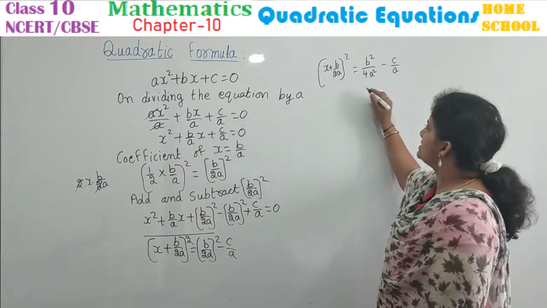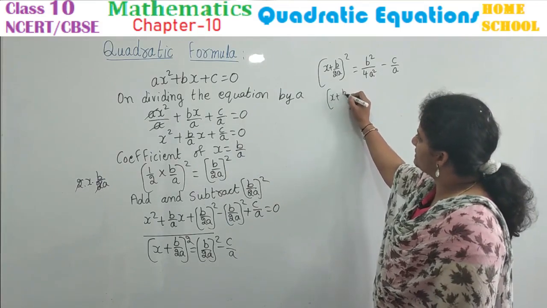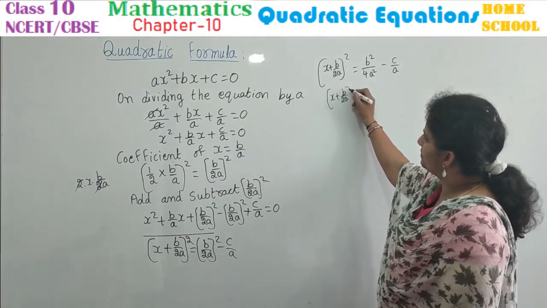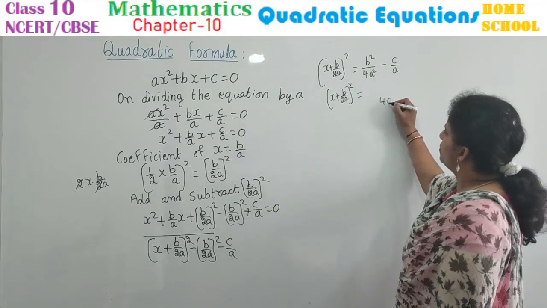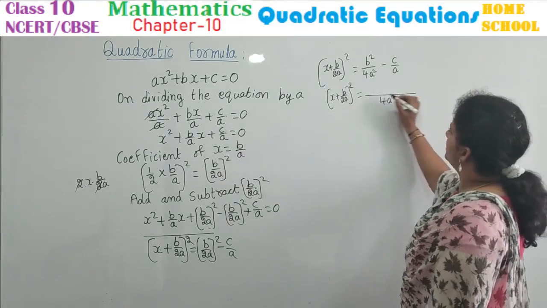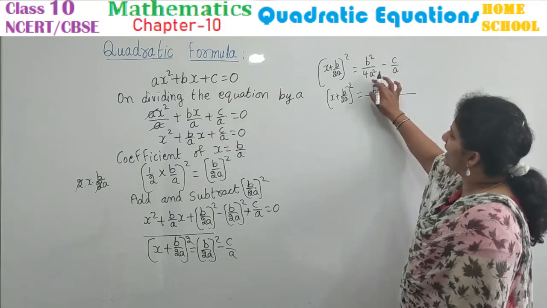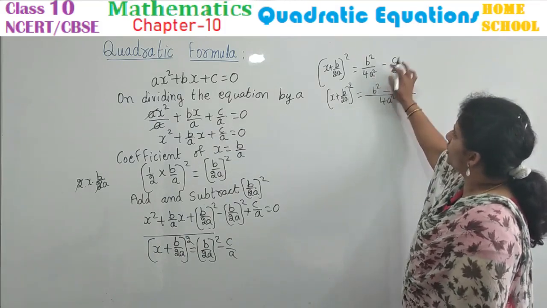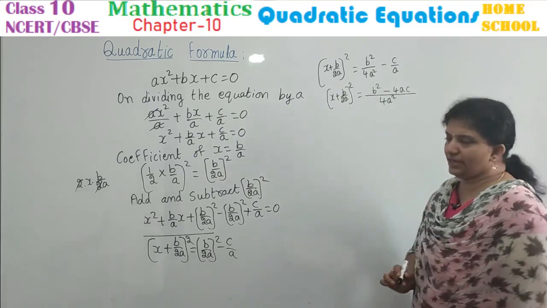Let us take the LCM of these two. Drag this term as it is. 4a square and a, the LCM is 4a square. b square minus, only 1a was there, so what is missing? 4a. 4a multiplied by c will be 4ac.